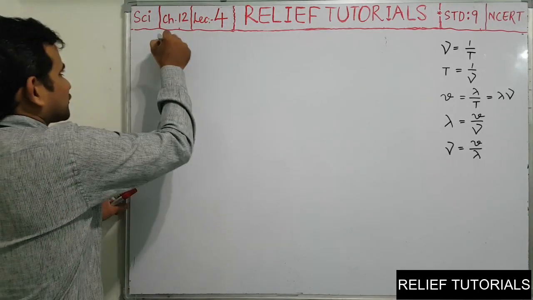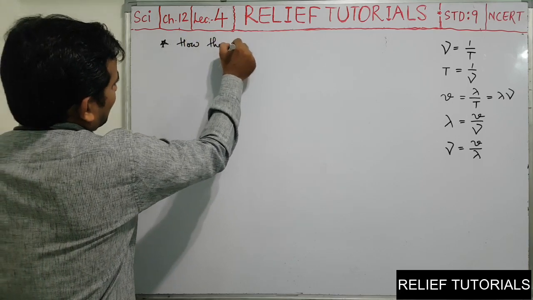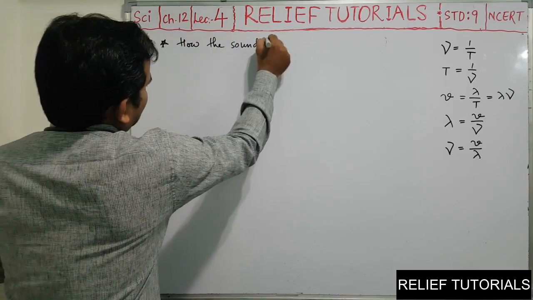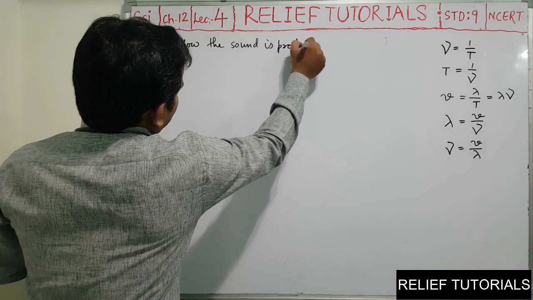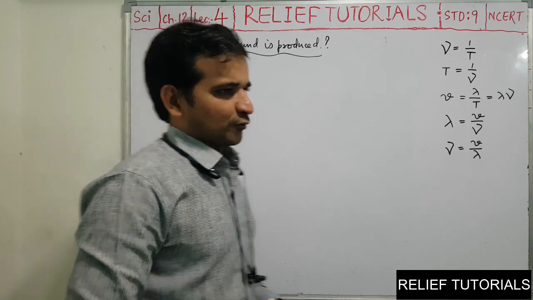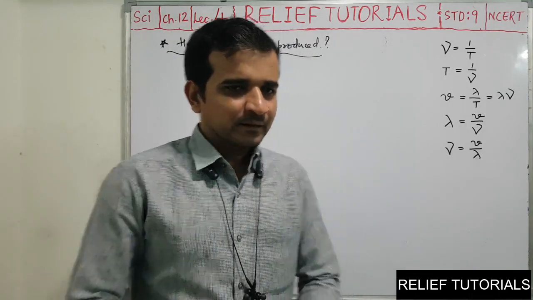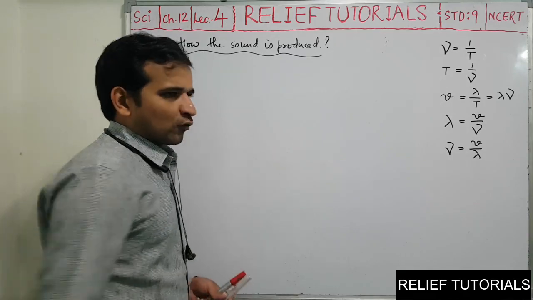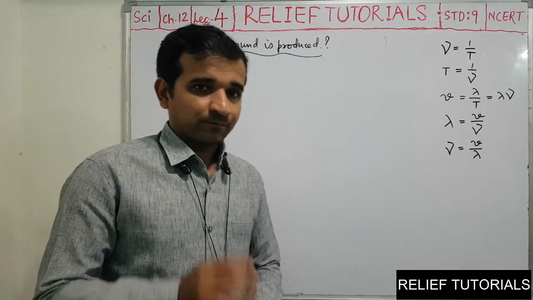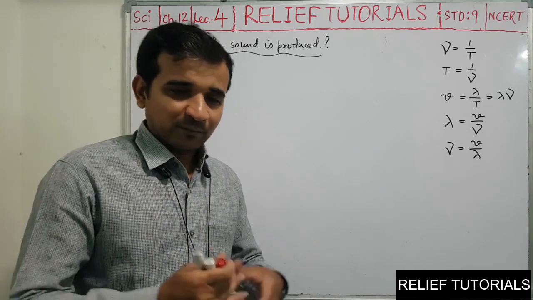The first question we have to solve is how the sound is produced. I am speaking here, I am producing sound. When I tap on the board, I am producing sound. If we are playing tabla, we are producing sound.